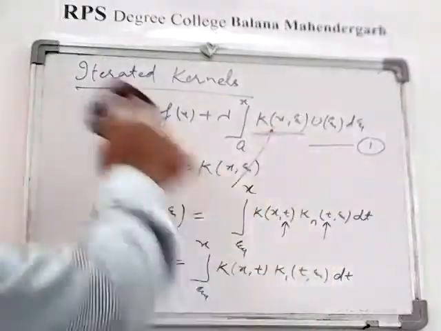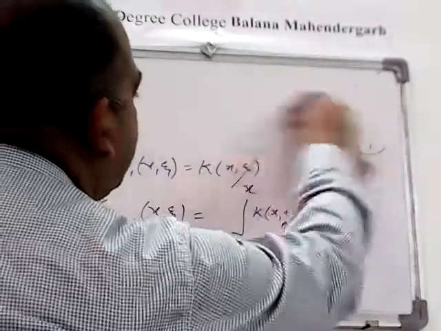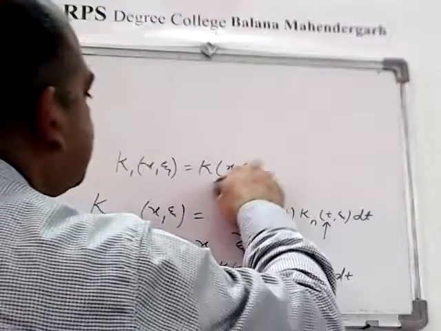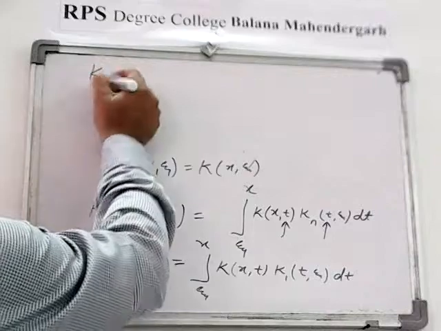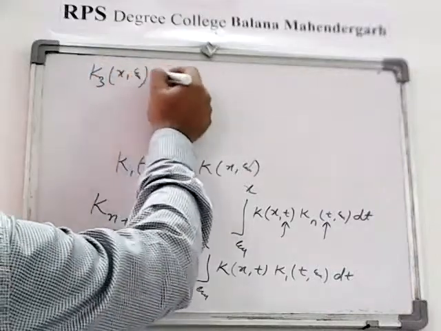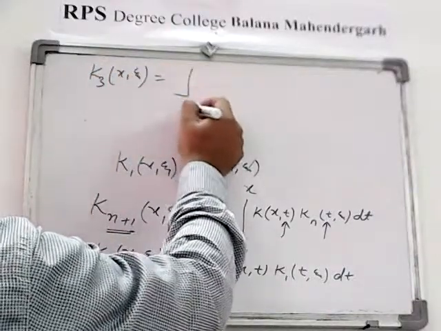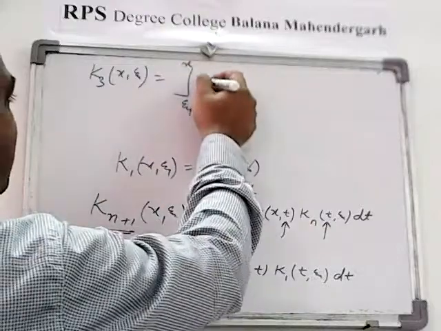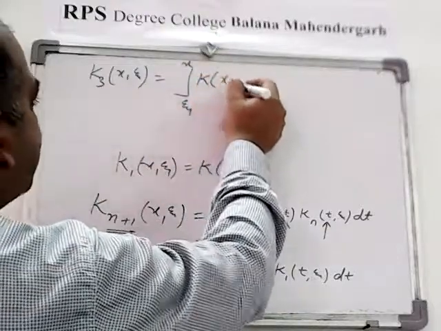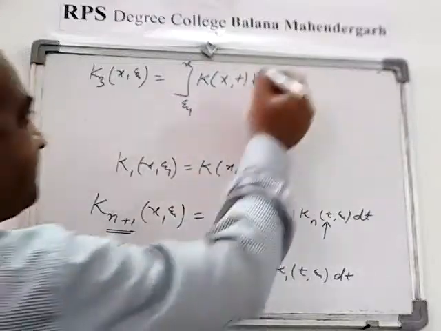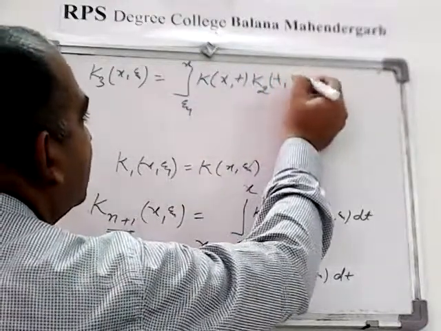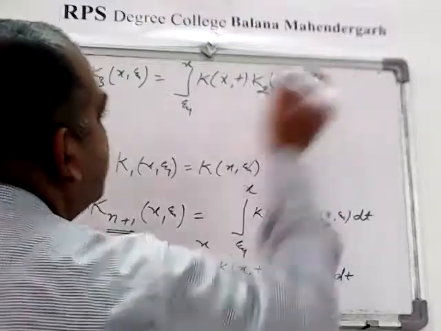If we want to find out the third iterated kernel, K3(x, ξ), that will be equal to integration from ξ to x, then we will use K(x, t), and at this position we have K2(t, ξ) dt.